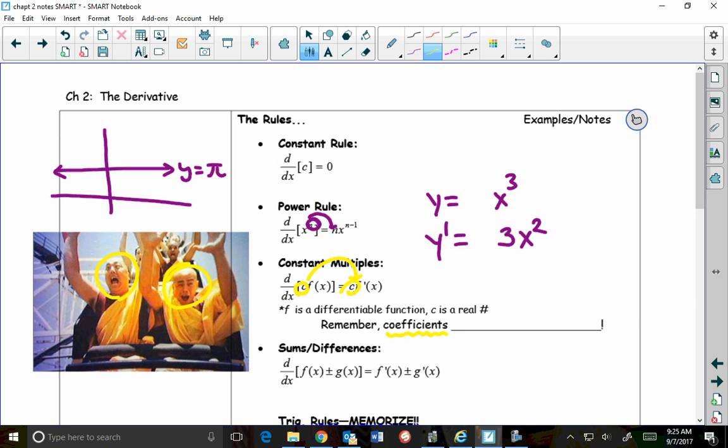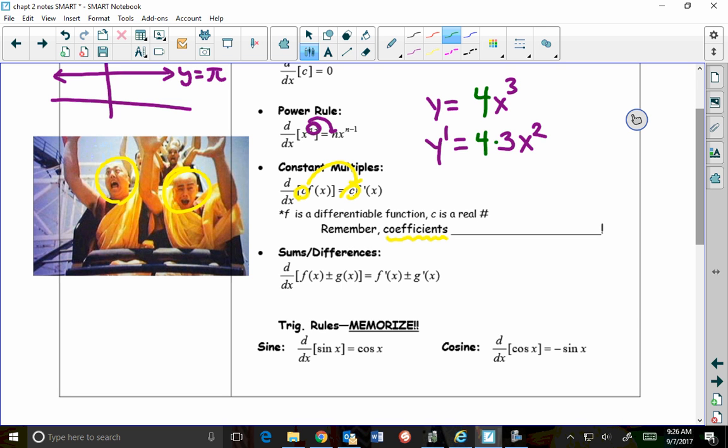So, if I put a 4 out in front, that's a coefficient. What does that 4 do? Goes along for the ride. So this would end up being 12. The other thing is the sum or difference.